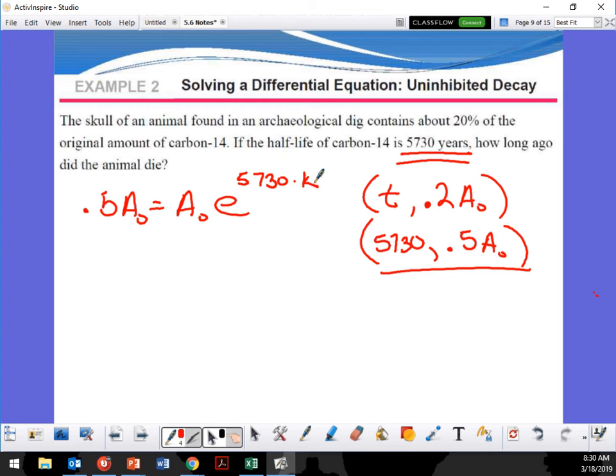Yes. It's just some algebra, and it's just a new concept. Okay, so now what's going to happen to my A sub naughts? They go away, because I'm dividing both sides by A sub naught. But they're your friends. We can bring them back later. All right, so 0.5 equals e to the what?